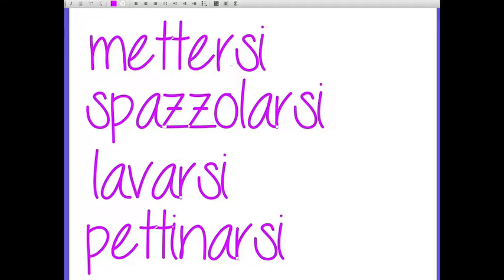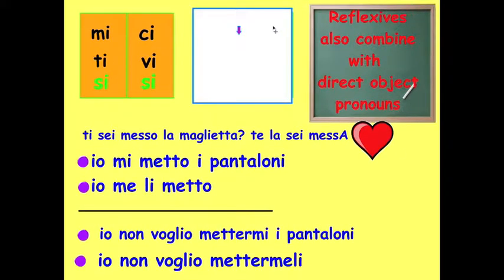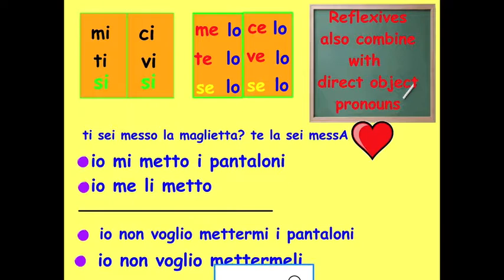Okay, so when you have any of these, you could make a combination. For example, io mi metto i pantaloni. I put on myself what? The trousers. So io me li metto. So here you're combining a reflexive pronoun with an object.